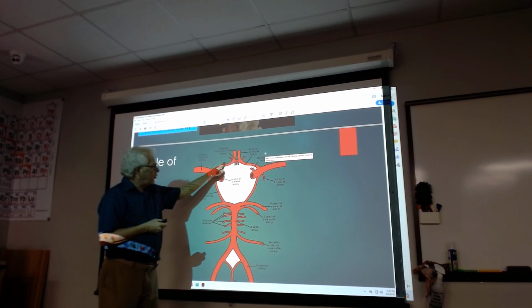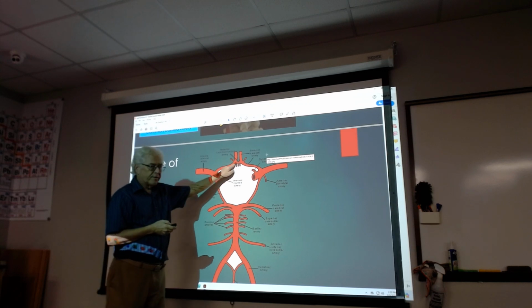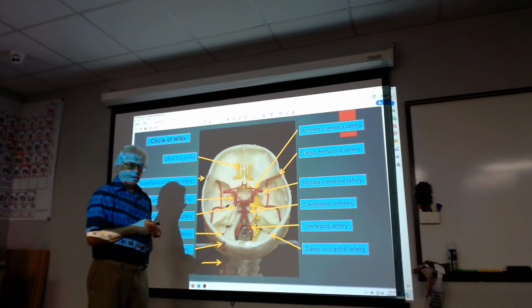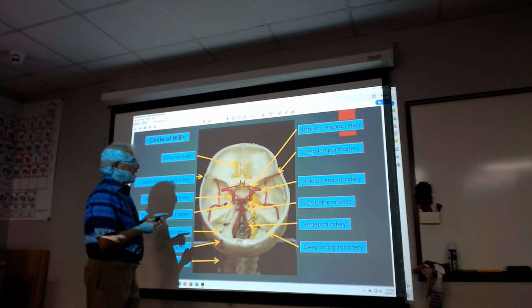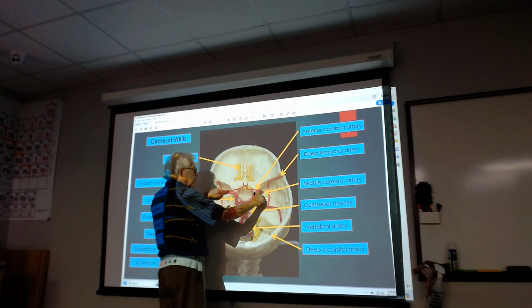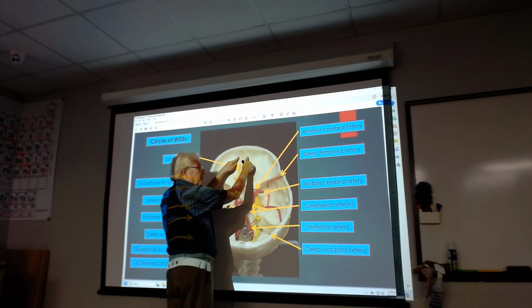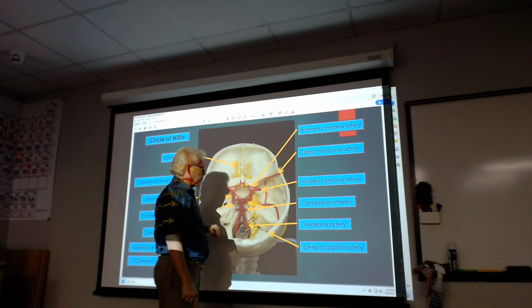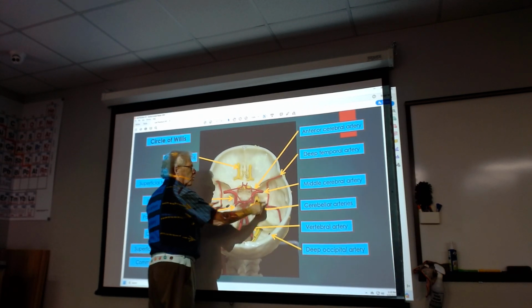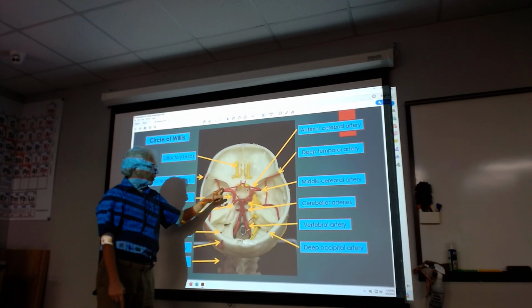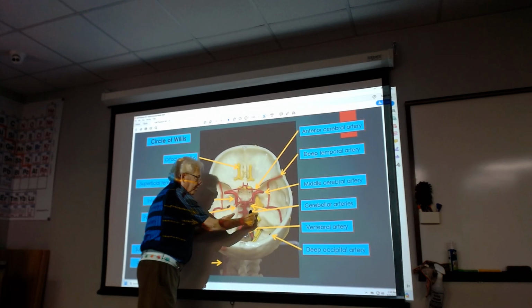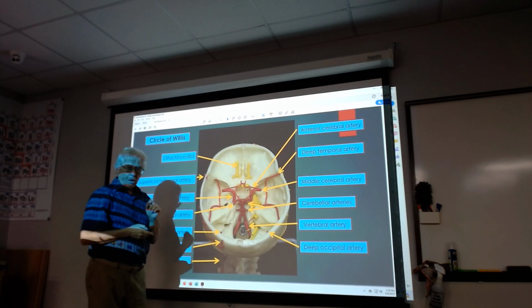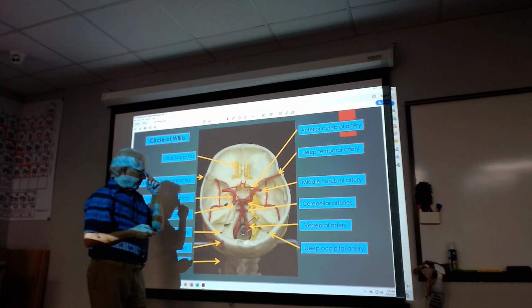Alrighty? This whole thing is called the Circle of Willis. Got it? It makes a circle. Alrighty? And what do we have? We have these two go to the front of your brain, anterior cerebral arteries. These two go to the sides, middle cerebral arteries, and these two branch off to the back of your brain, posterior cerebral arteries. Got it? Okay.